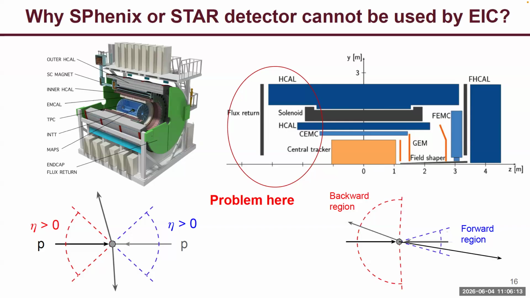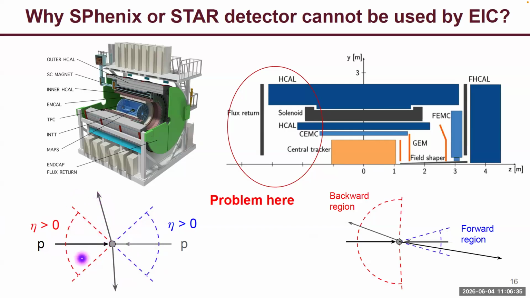If you look at the sPHENIX detector and how things collide, they have proton-proton collisions or gold-gold collisions. They come in and collide. Their forward and backward regions are exactly the same phase space because this is the center-of-mass collision frame.